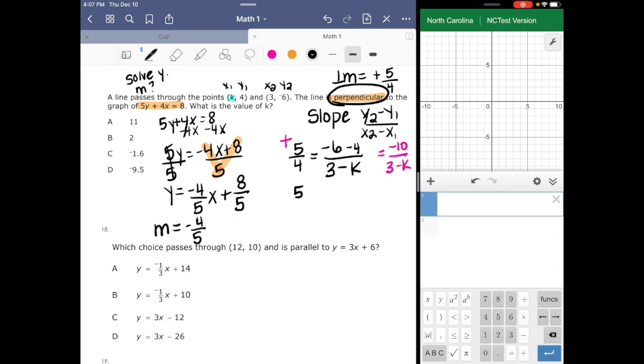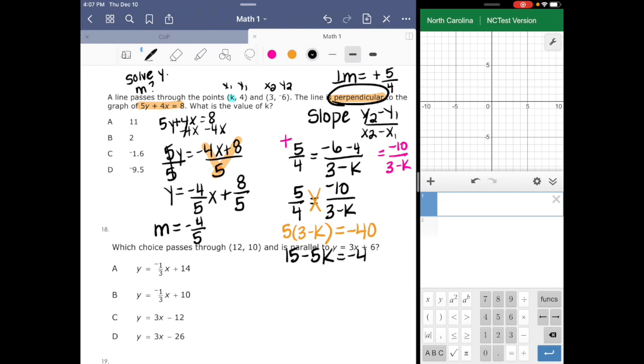All right, so this is going to be 5 over 4 equals negative 10 over 3 minus k. And I can cross multiply here. So when I cross multiply, this is going to be 5 times 3 minus k equals negative 40. And I'm just going to solve it out.